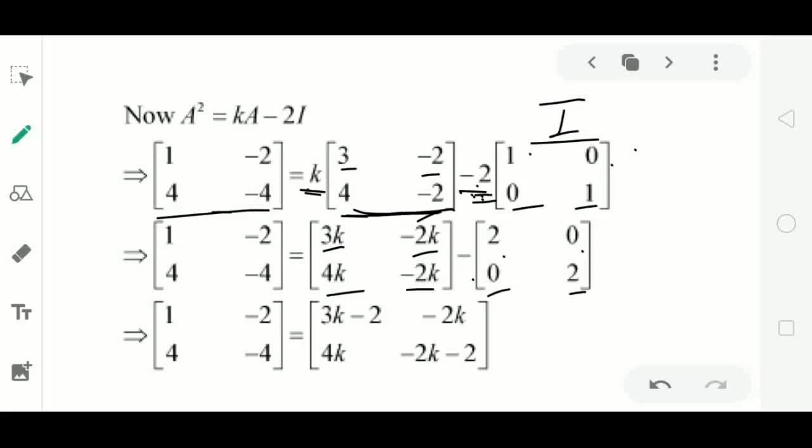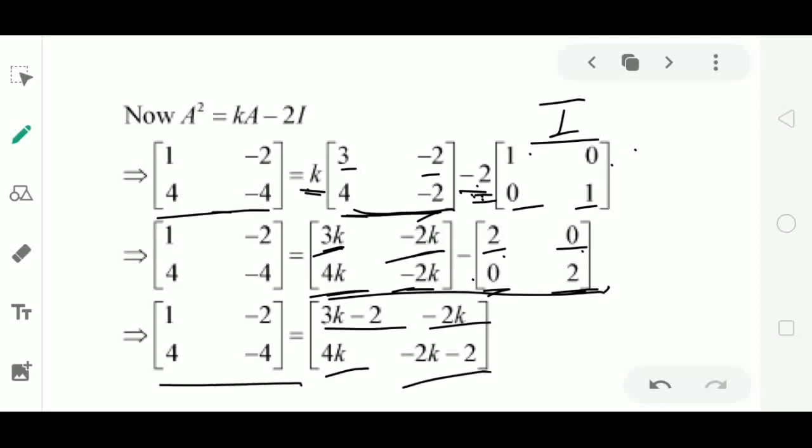In the RHS we have difference of two matrices. Let us take the subtraction. 3K minus 2 is 3K minus 2, minus 2K minus 0 is minus 2K, 4K minus 0 is 4K, minus 2K minus 2 is minus 2K minus 2. In the LHS we have A square.